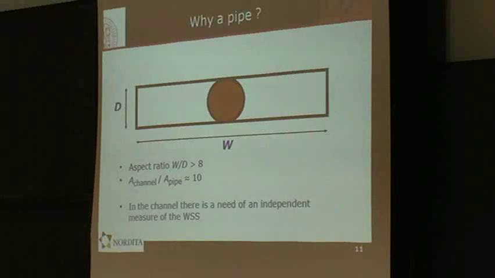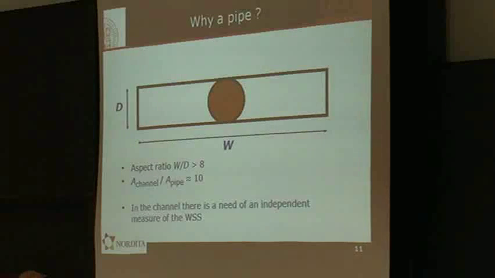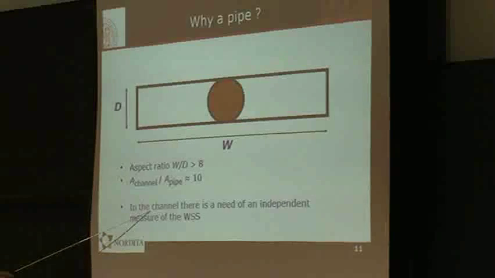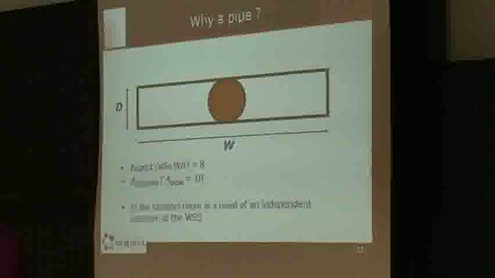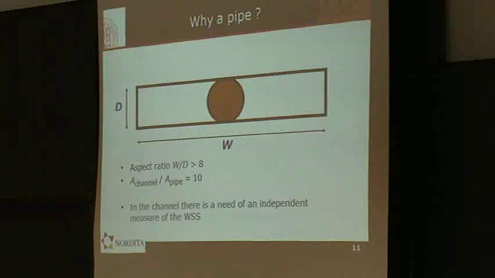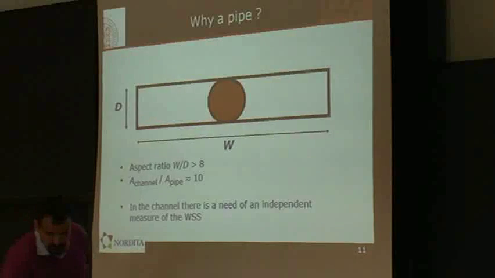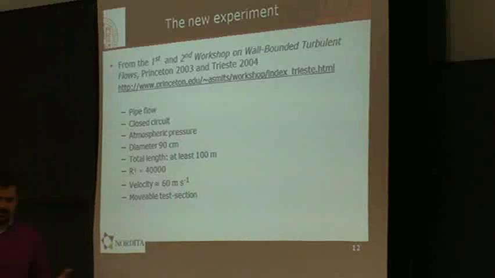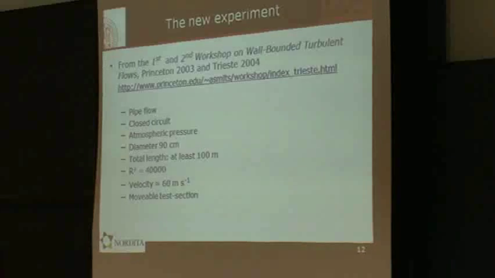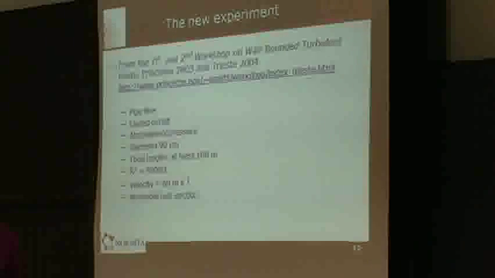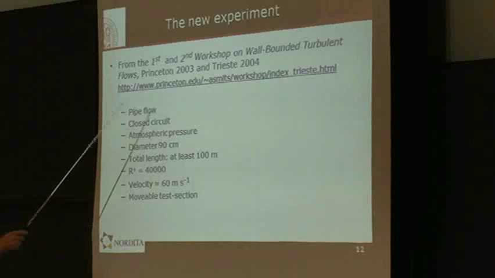So we have a much higher flow rate. Moreover, in the channel we need an independent measure of the wall shear stress, which makes it more complicated. So this was the new experiment that came out of several workshops in Princeton and Trieste in 2004.